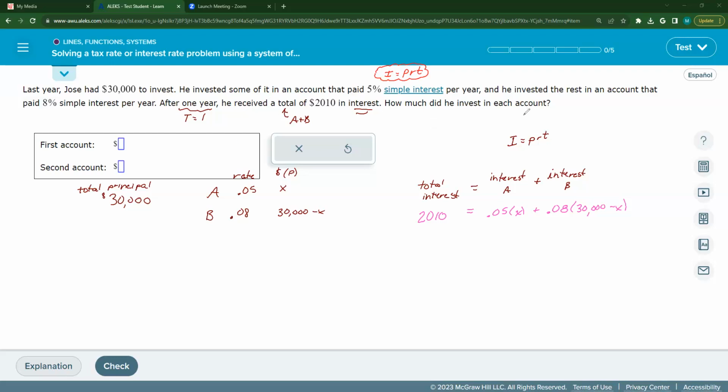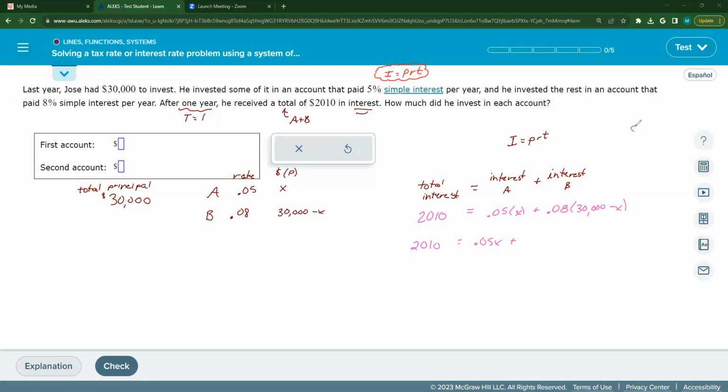How much did he invest into each account? We're going to have to solve for both of these. So we're going to figure out each one. We're going to simplify your equation. So we have 2010 equals 0.05x plus, now I'm going to multiply 0.08 times 30,000. I can move 2 decimal places here, cross out 2 zeros.